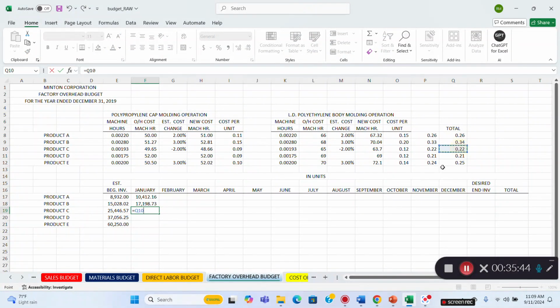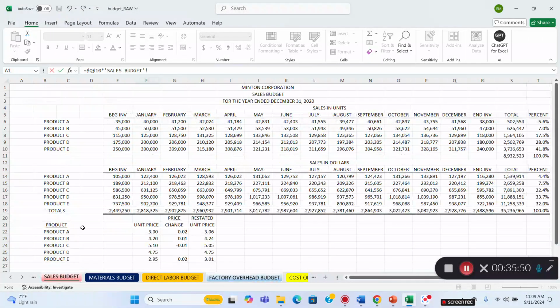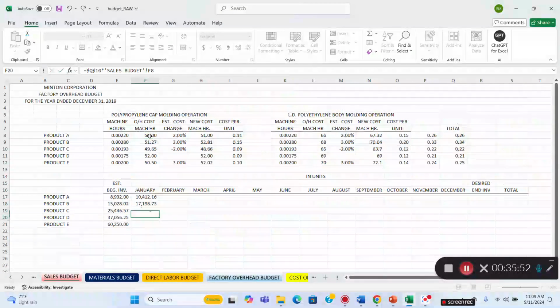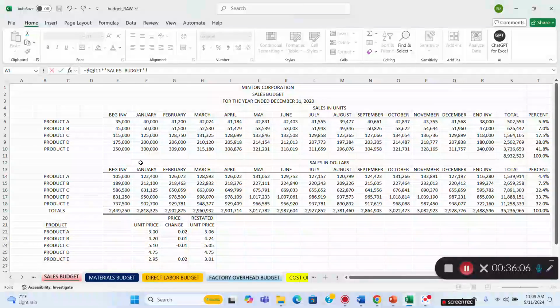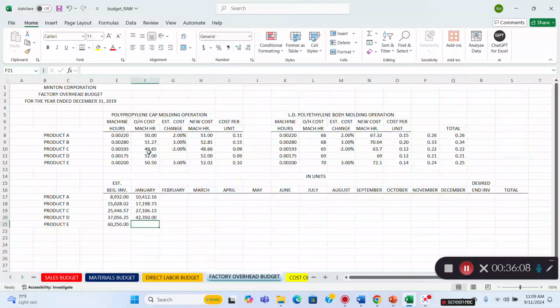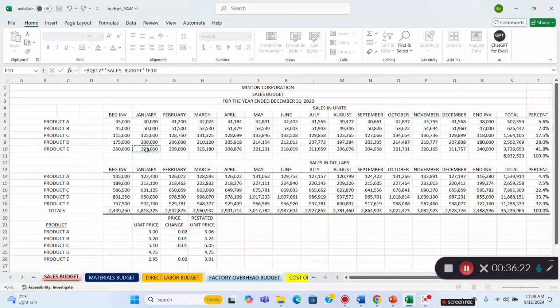Now you go down, drop down one, F4 it times the sales budget number, 125, and then equal this number with an absolute reference times the sales budget number of this 200,000, and then one more equal this is an absolute reference times your sales budget number of this.